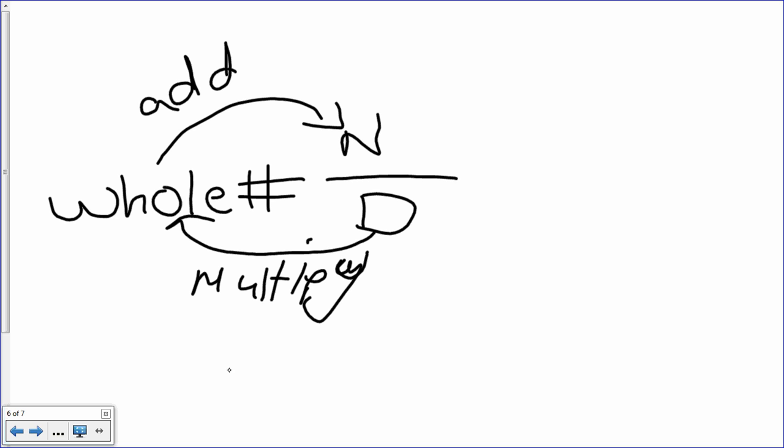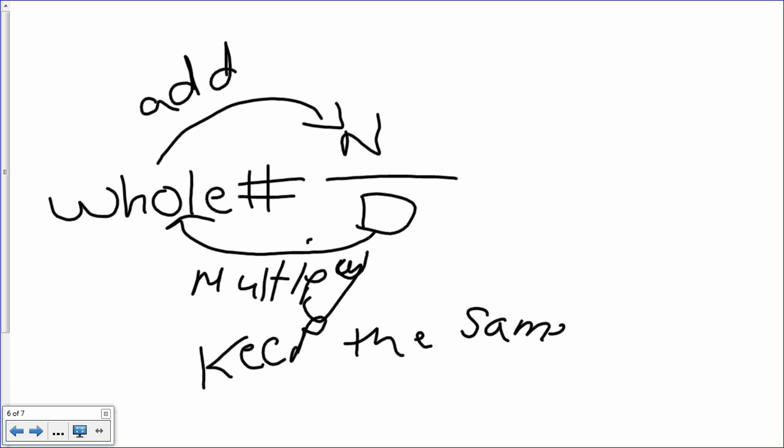That's going to be my new numerator. So whatever answer I get here, that's going to be my numerator, and I keep the same denominator. Okay, I keep the same denominator.